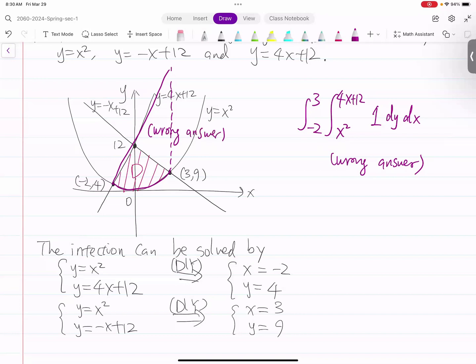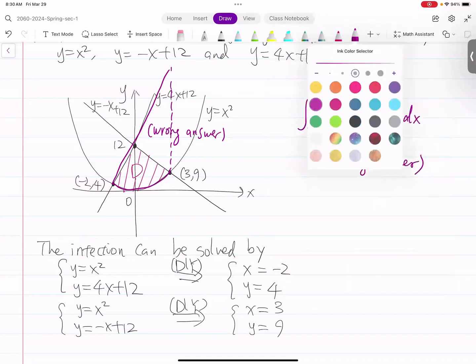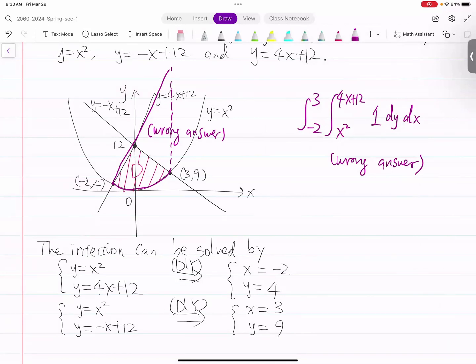This is the region that's enclosed by the lines. So here we see that we cannot really use a single integral to represent this area. Which is why we want to split it into two pieces, where we have the piece on the left ending at x equals 0 to be D1, and the other piece is D2, where it starts with x value 0 and ends at x value 3.